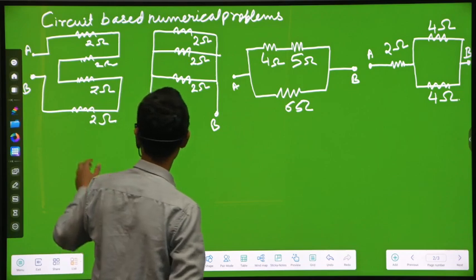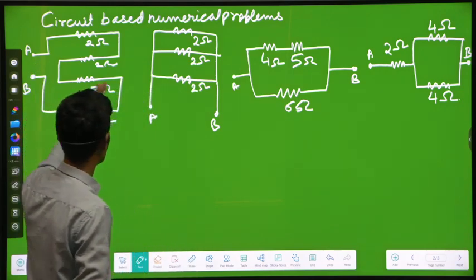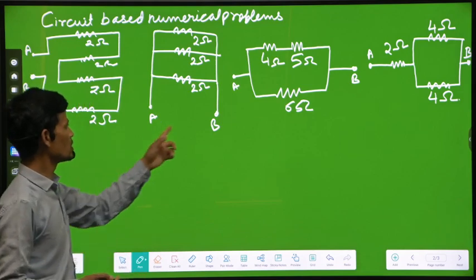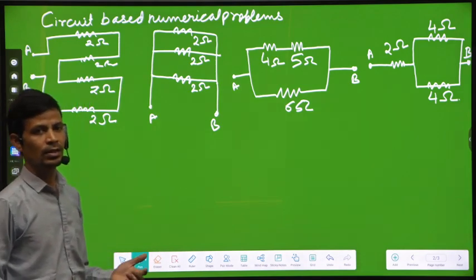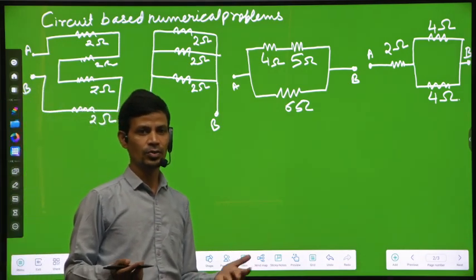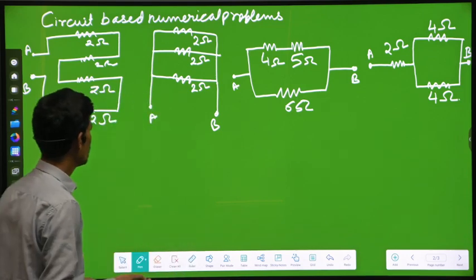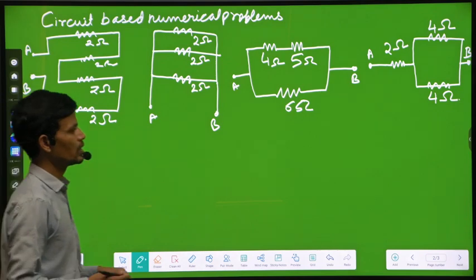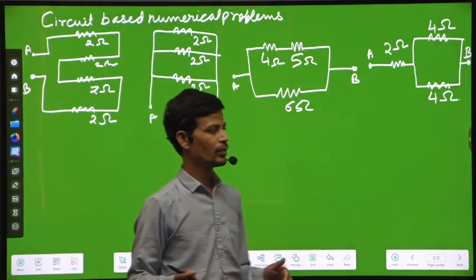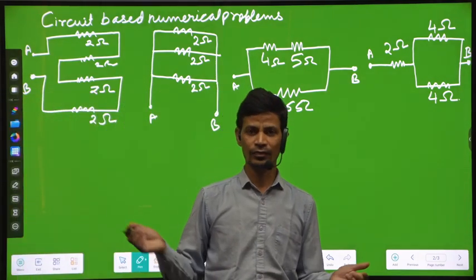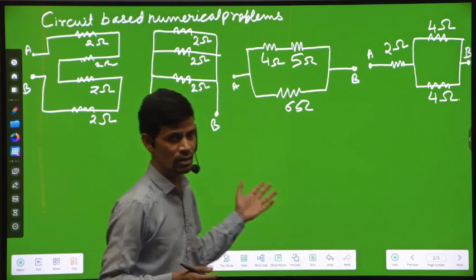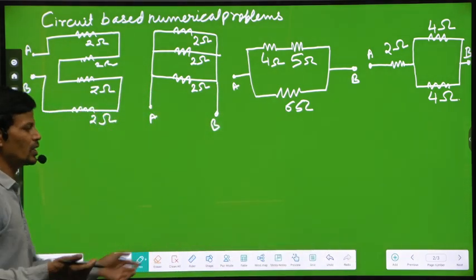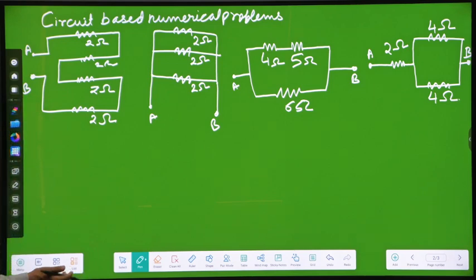So whenever such a circuit is given, just assume that across these terminals the battery is to be connected. Such questions will directly ask you to find the equivalent resistance of the circuit across given terminals like A, B, or whatever they give.